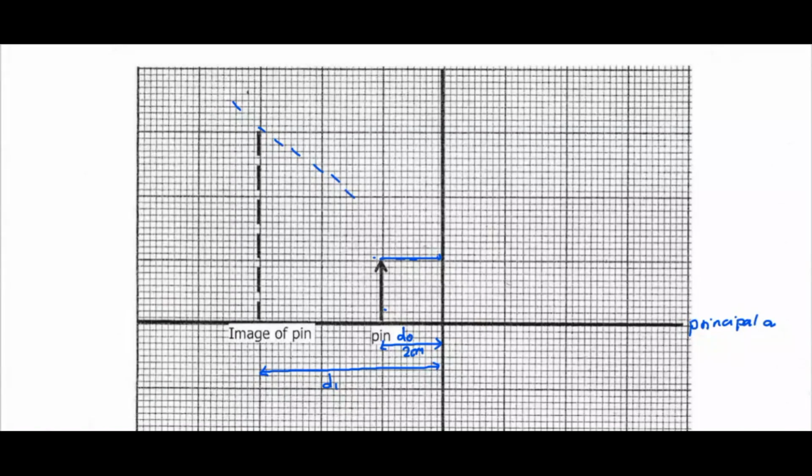Make sure that here you draw the line in dotted because it is a virtual image. Then we also have to draw a line that will pass through the center here. Then from this point, you are supposed to draw dotted lines. So why are we putting this dotted? Like I said, we put the dotted lines if the image is a virtual image. How did we know that this image is virtual? Because it is upright and on the same side as the object.